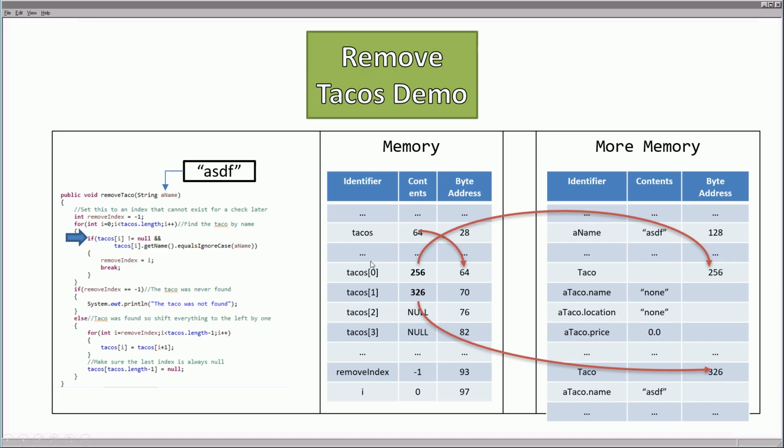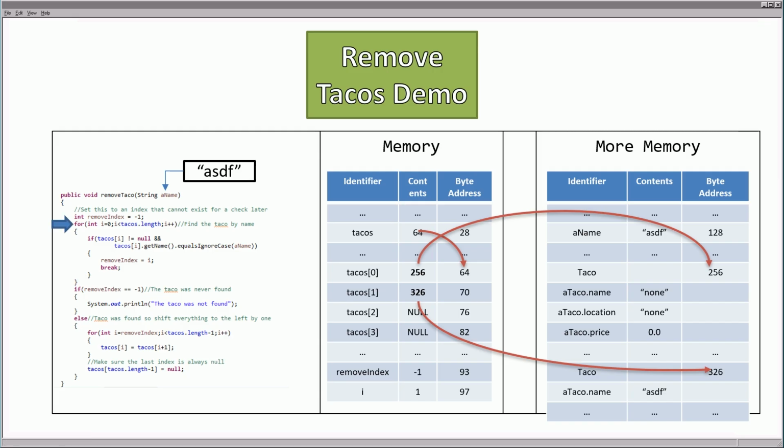Tacos at index 0 is not null. We need to get the name, and then we call .equalsIgnoreCase on the name. Now remember, this is tacos at index 0, which points to here, and this taco's name is none. None is not equal to ASDF, so we ignore that.